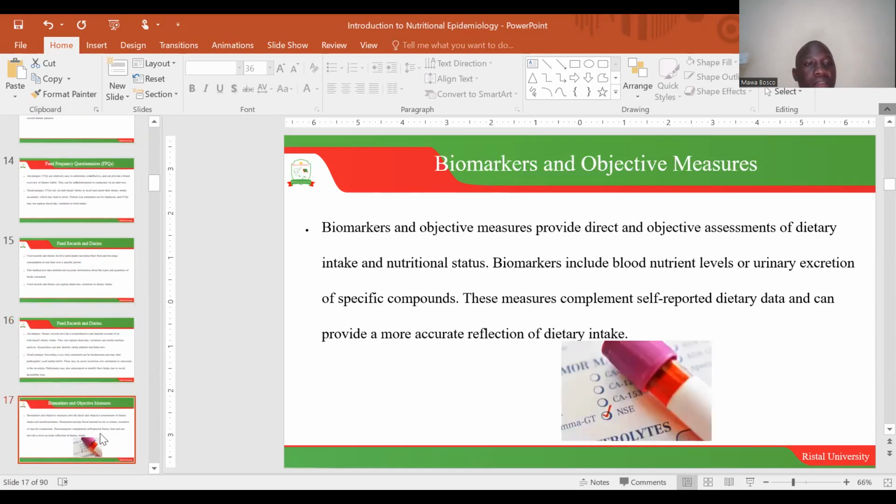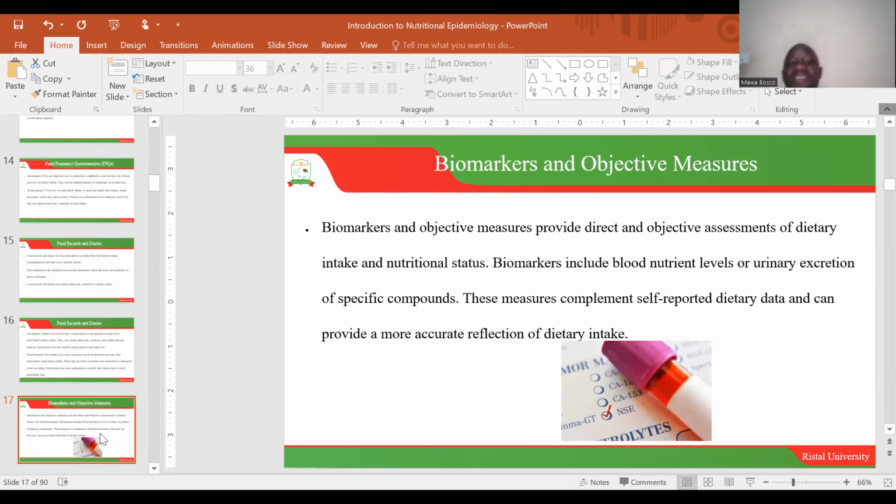And then the last method of assessment is what we are terming biomarkers. Biomarkers is when we measure certain biomolecules. It could be nutrient levels in our blood, or certain minerals in our urine or even still blood.